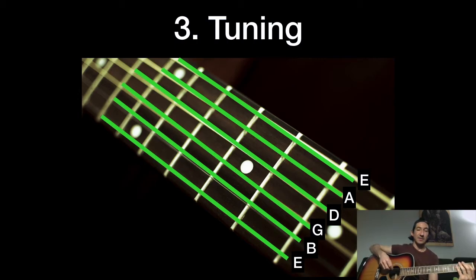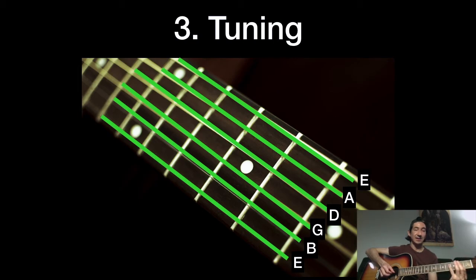So the fifth string is an A, so you go A, then B, C, D, fifth space again, D. And then you know that D is the fourth string. So D, E, F, G, and G is the same as the third string. So this is G, right?